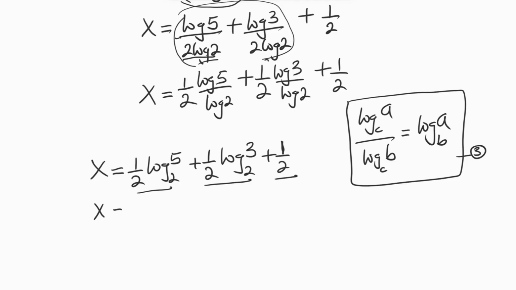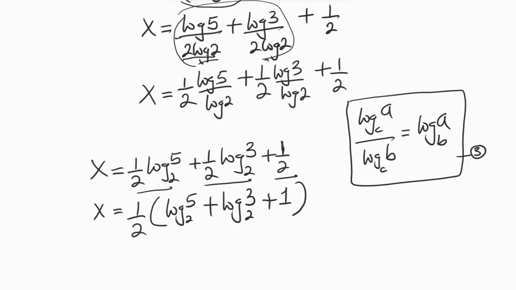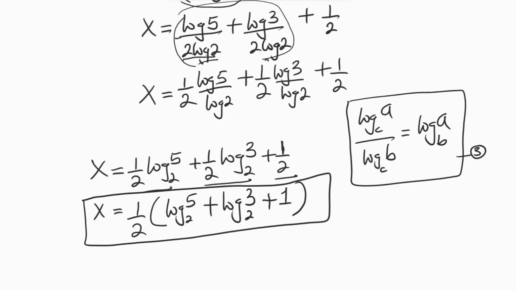So if we collect half, we have log of 5 base 2 plus log of 3 base 2 plus 1. And from the look of things, this is our answer.